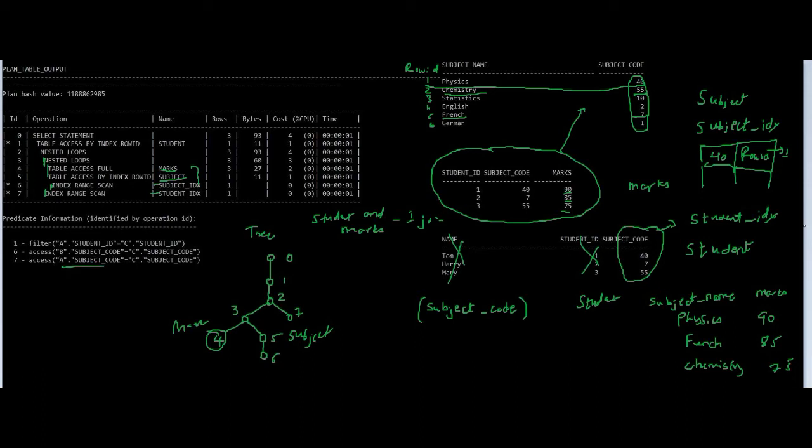So a.subject_code equals c.subject_code. This is the marks table. So that's why the index is being used.